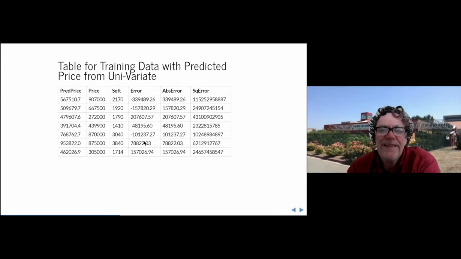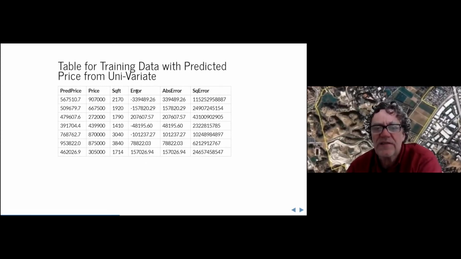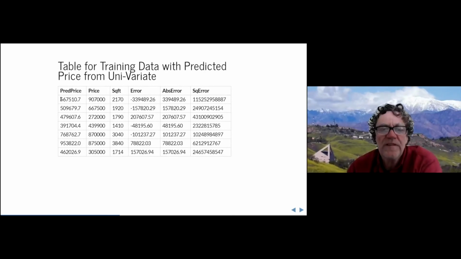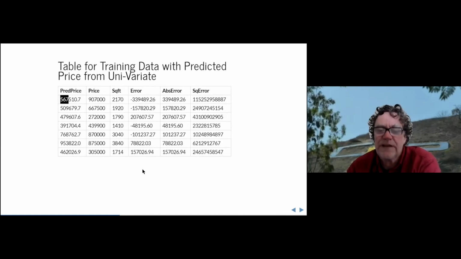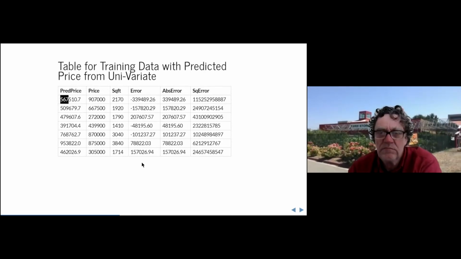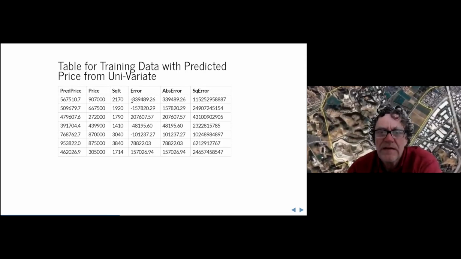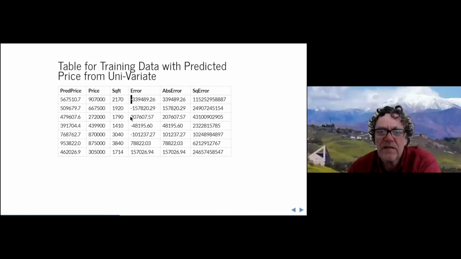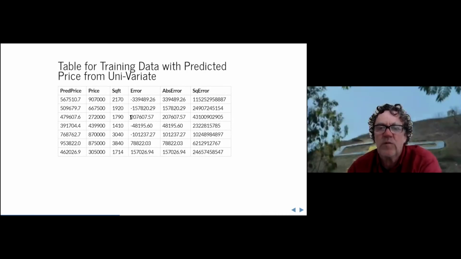If we want to see how good or how bad our prediction is overall, we obviously don't want to look at just one record. We want to look at all the records. So we could sum up all the errors and calculate the mean. The problem is that underestimates and overestimates would cancel each other out, and this is not what we want.